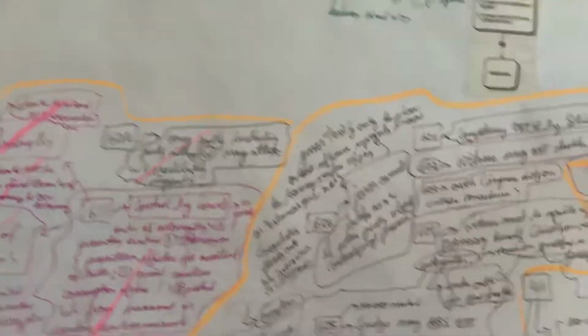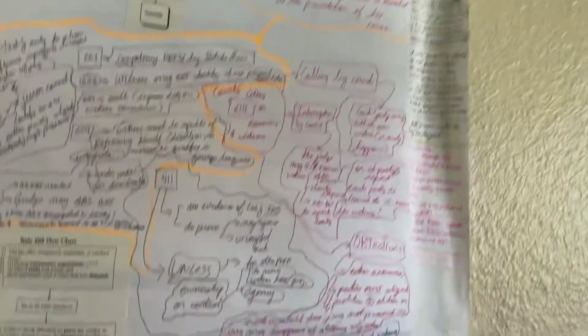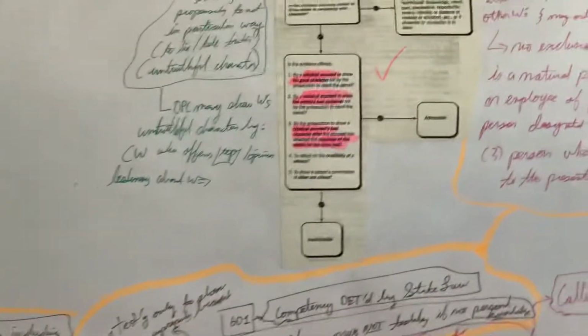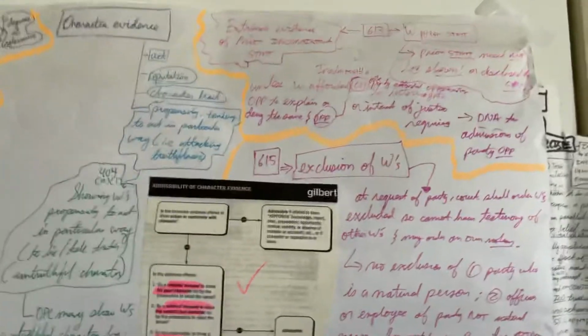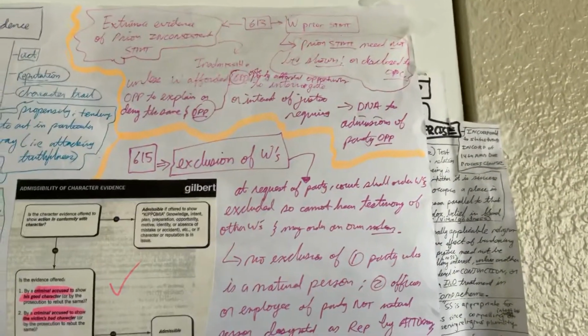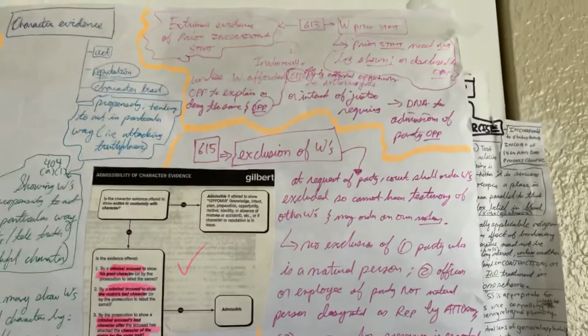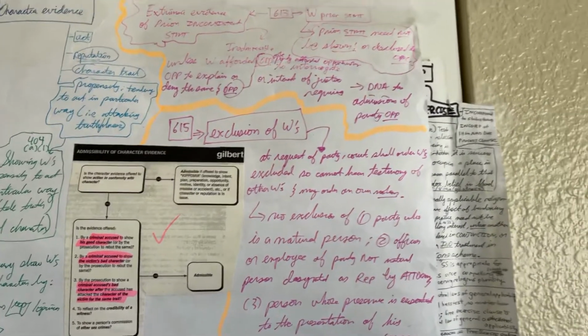We'll talk more about these rules, the 600 series of rules. We talked a lot about what can be relevant and admitted, and the policy reasons. We talked a lot about character evidence, and I think last, we'll just really quickly talk about 615, exclusion of witnesses. At the request of a party, the court shall order witnesses excluded so they cannot hear the testimony of other witnesses, and may order on its own motion.